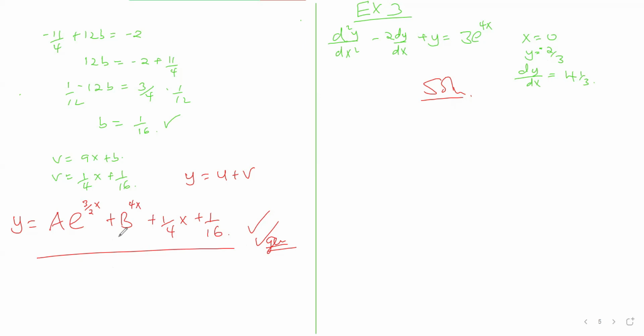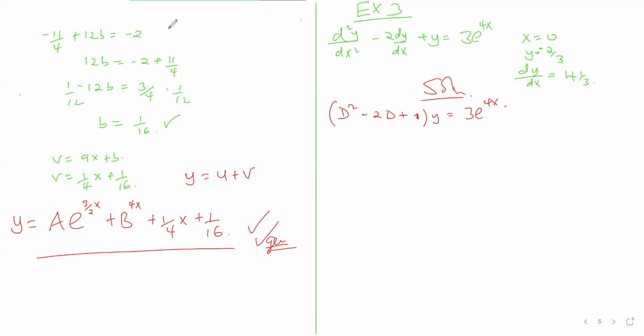Yes. Now, so let's write this in d operator. Remember, we're still on the d operator, so we shall have d squared minus 2d plus 1. So that should be 1, not 2y. So in d operator form, plus 1, so we have 1 here, then we have our y outside, given by 3 exponent of 4x, right?